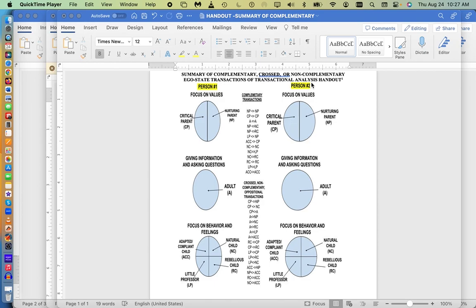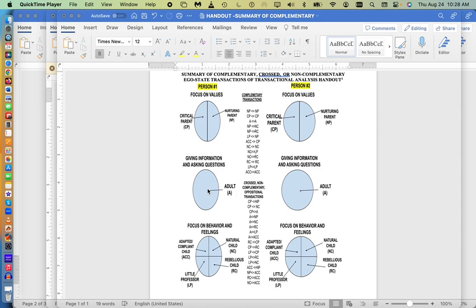Now, if person number two should choose to speak from their critical parent, person number one now has the freedom to respond in 7 different ways. And let's look at those different responses from person number one. So, adult.